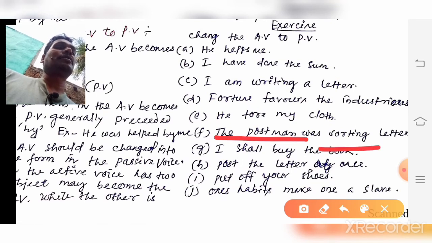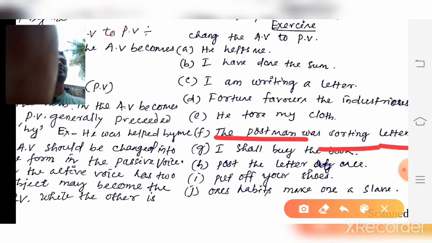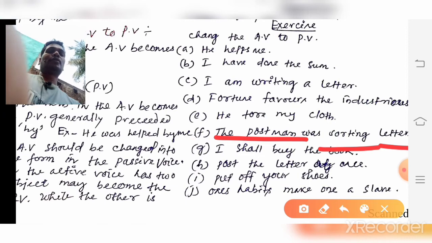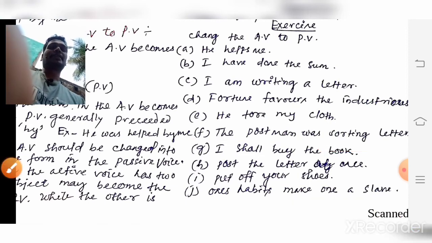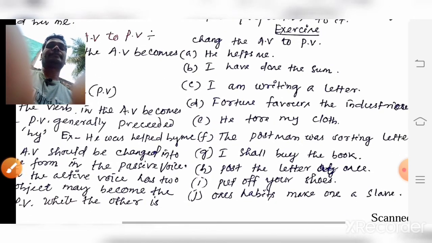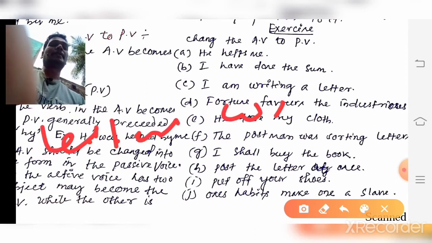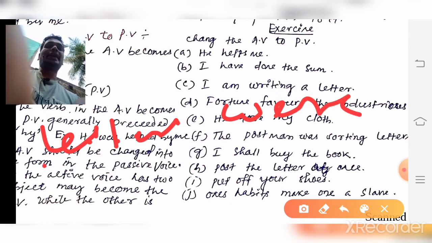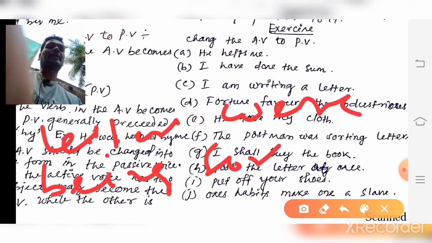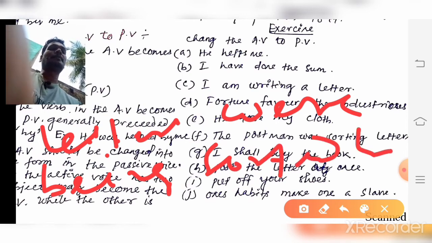Was sorting, verb; letters, object. So we can write letters were being sorted by the postman.